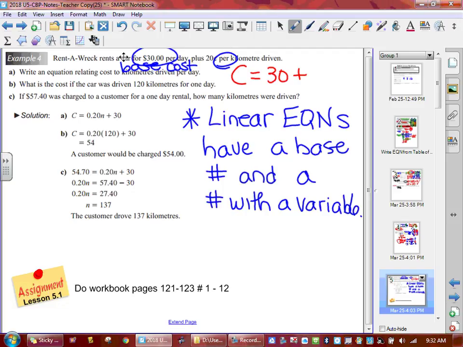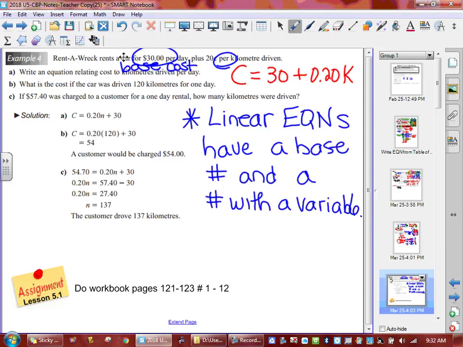And how would I write 20 cents using dollars? 0.20, good. You can use K for kilometers, or D for distance, but I'm going to use K for kilometers here. What they've done is use N for the number of kilometers, which is fine.